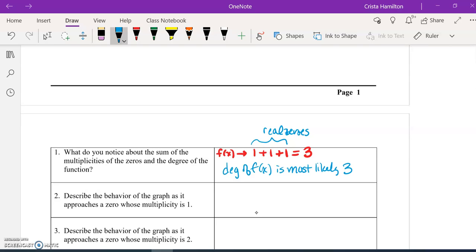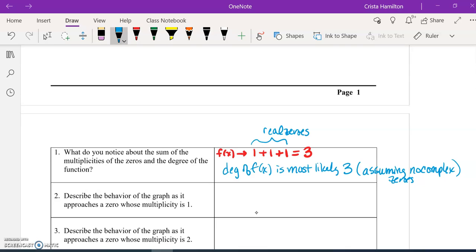So right now, we're going to assume that the polynomials we're looking at do not have complex zeros, which would add something extra that you won't see in the Cartesian plane, the real graphing system. So looking at this, the degree is most likely 3, and I'm going to put over here on the side, assuming no complex zeros.